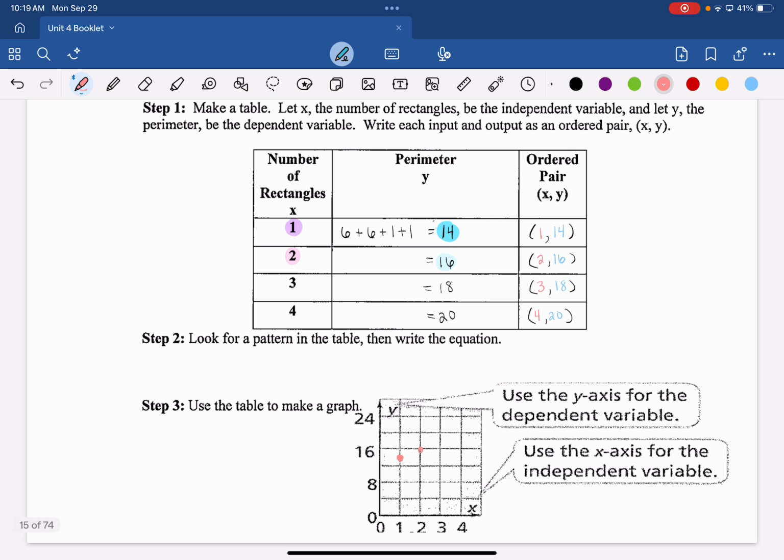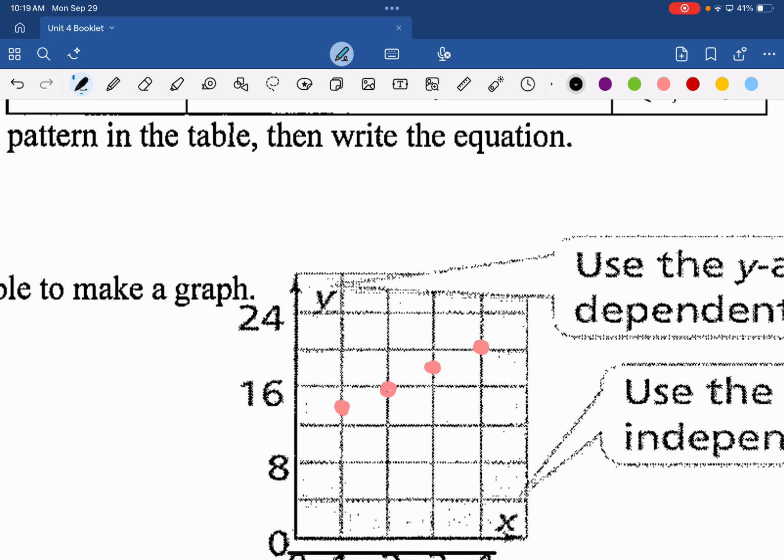So I'm going to put a point at 2, 16. 3, 18. And then 4, 20. And if you notice these dots, you'll notice that they're forming a pretty straight line, okay? So if I were to connect them, I could make it here, okay? And it connects on a straight line.